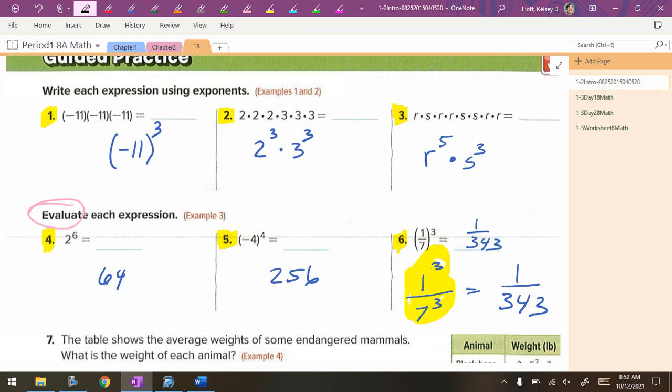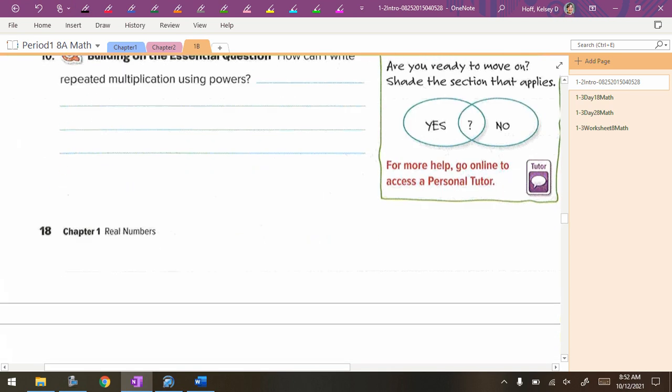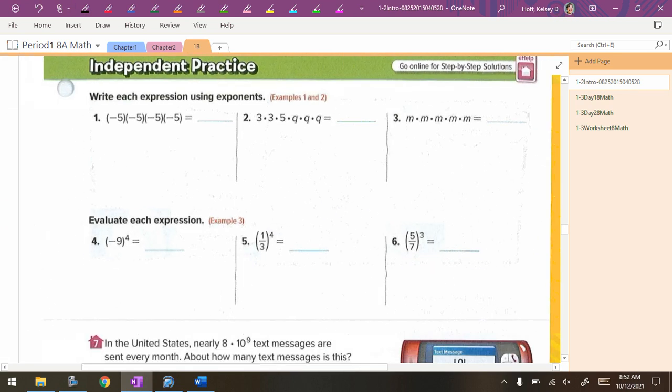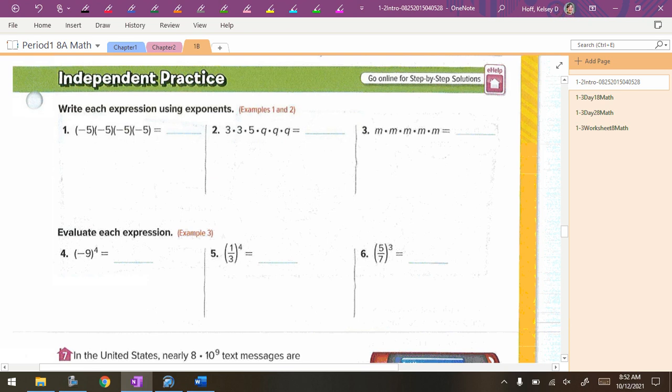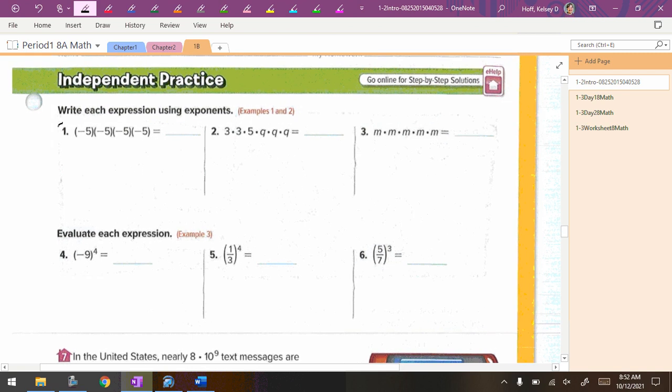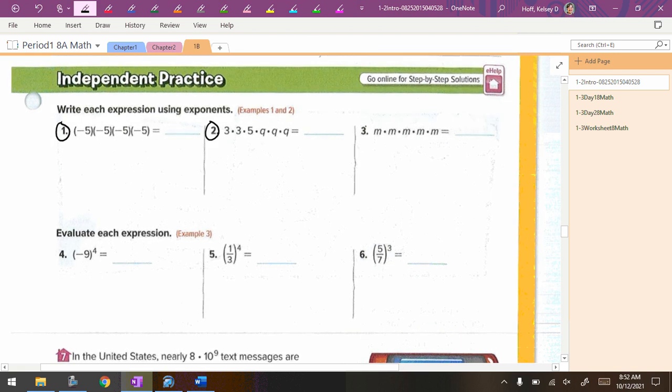Evaluate. Okay. Flip to page 19. That's our homework. Circle the following problems. Listen closely. 1, 2, 3, 4, 5, 6. Everybody got those?